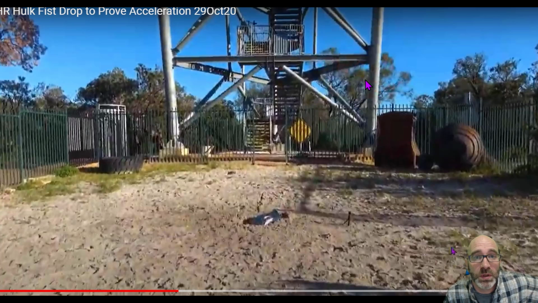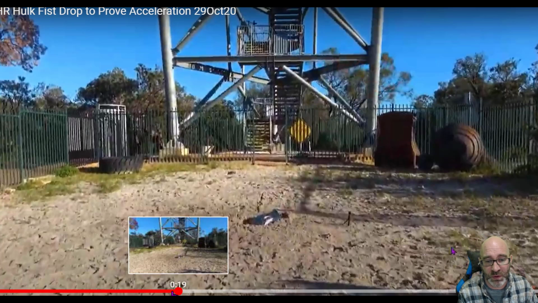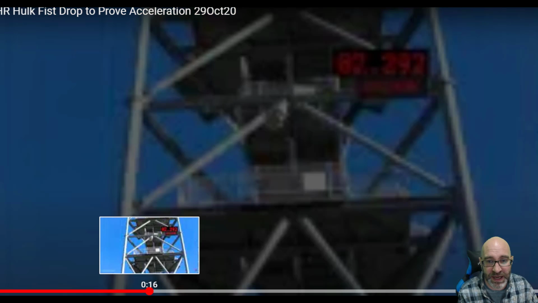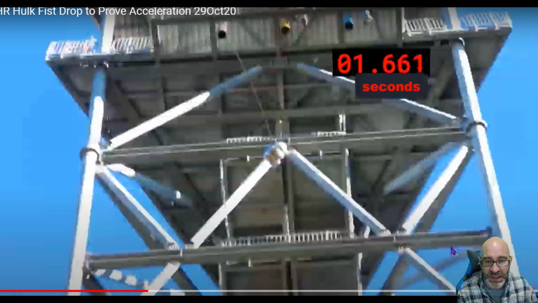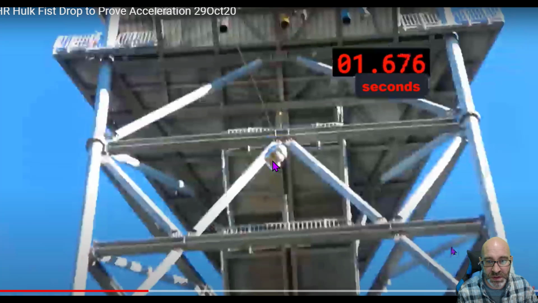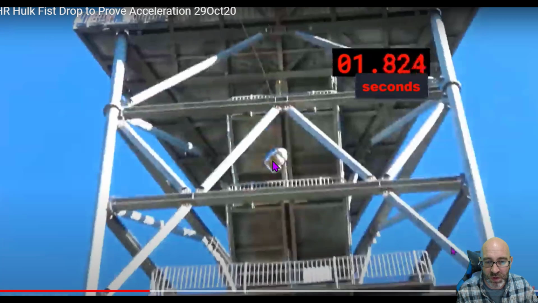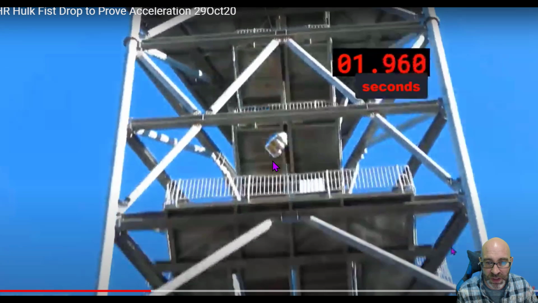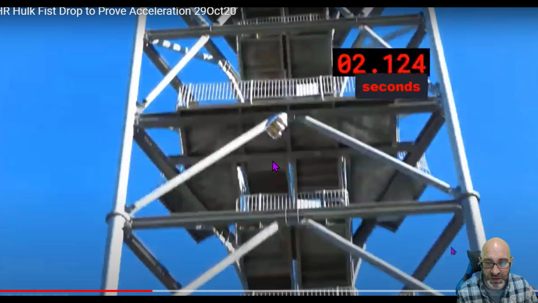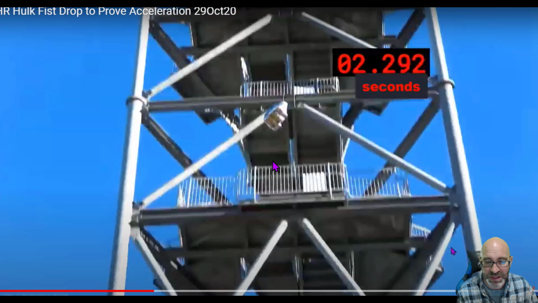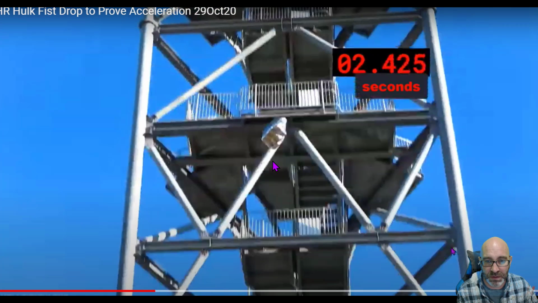All right, that happened really, really quickly. Is there any way we could slow down the film so that we could get a very accurate time? And if you see, I have the fist right here in the middle, and I'm going to use the period button to advance the film one frame at a time until that fist just barely touches the ground.